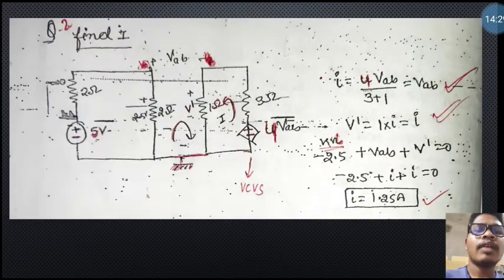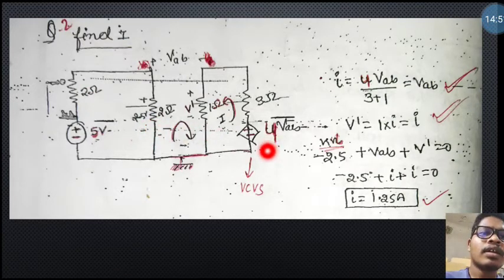Okay. Now see question number 2. Find the I. So where is I? This is the I. So we need to find the I. This is another network, and this is another network connected with the same ground potential. So this is a 5 volt source connected with a 2 ohm resistance, and a 2.5 volt source here. And this is a voltage controlled voltage source, because of VAB is there.